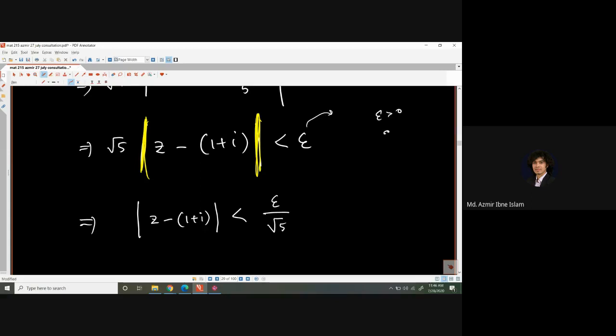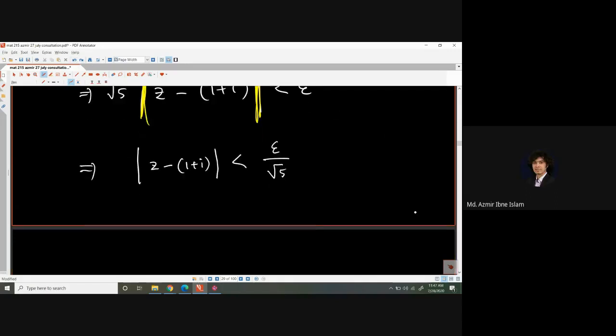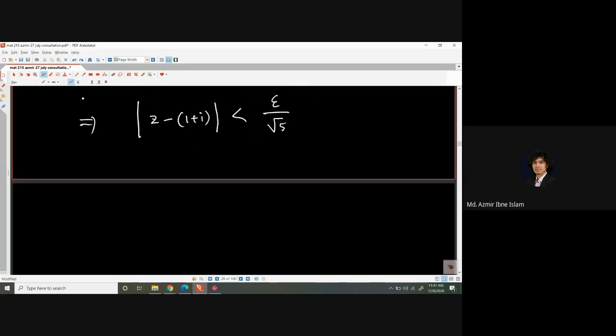Suppose epsilon is 2, 2 is greater than 0. And now 2 by root over 5 will also be greater than 0. Isn't it so? Yes, sir. So epsilon by square root of 5 will be a number.